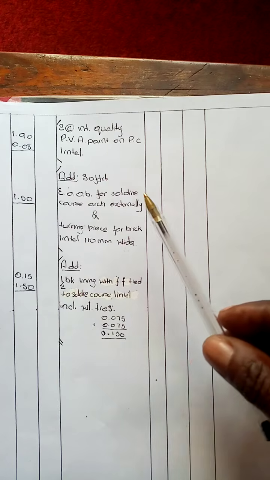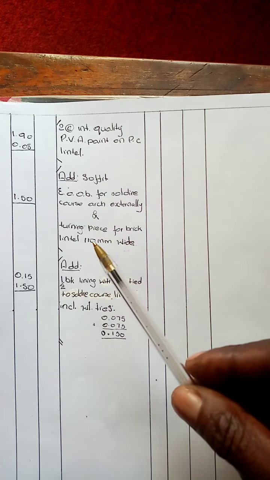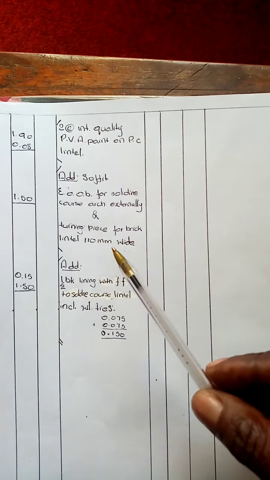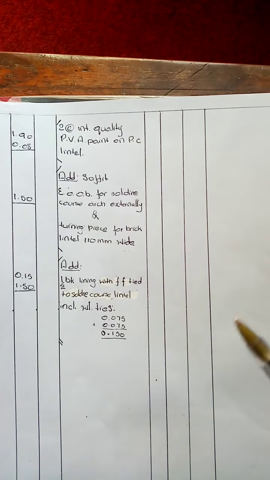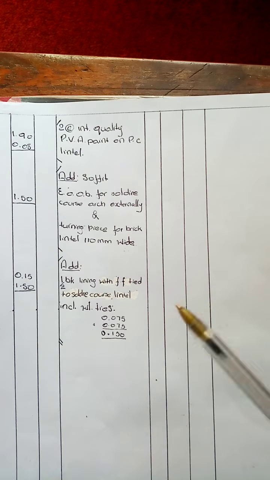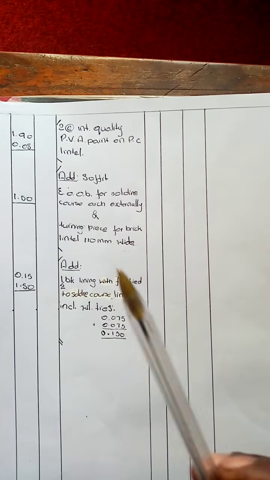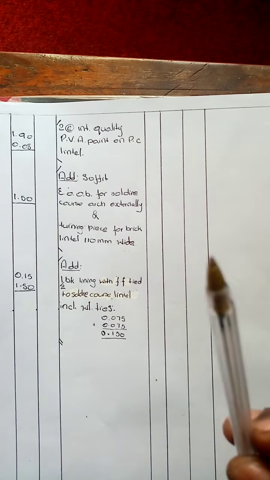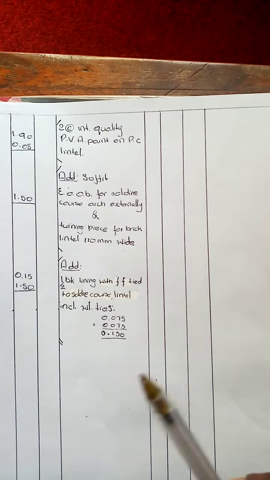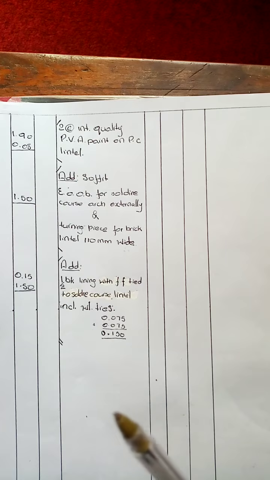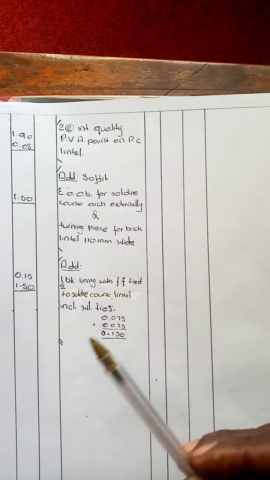Extra over brickwork for soldier course arc externally, and the turning piece for brickwork lintel, 110 millimeters wide. Now you will have to build the soldier course above that 1.8 meters. So for you to build the soldier course, you need this turning piece, that plank that you must put across, so that you can lay those bricks on top of that plank, and then you will remove that plank after it is dry and you have finished.